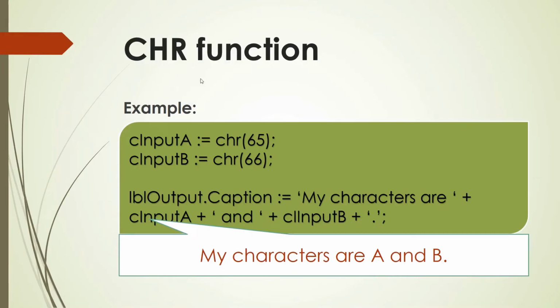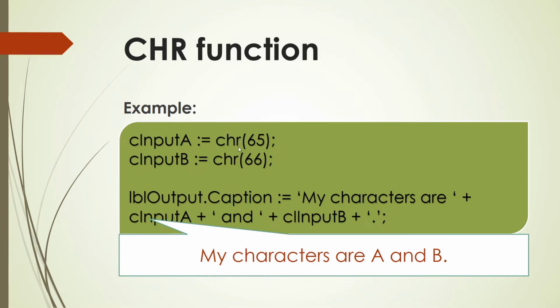So now that you are familiar with the ASCII table, let's look at the CHR function. This function returns the character of a specified decimal value. It takes an integer as its argument and outputs the character associated with that number.